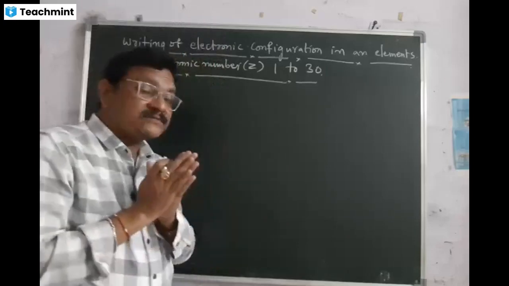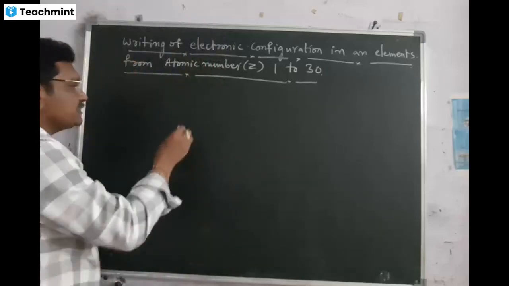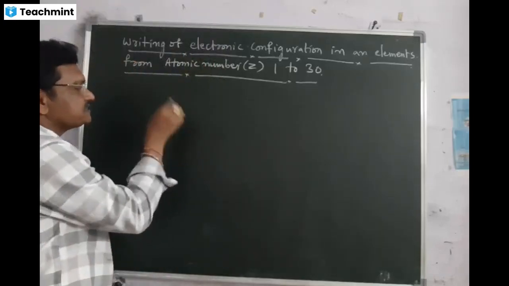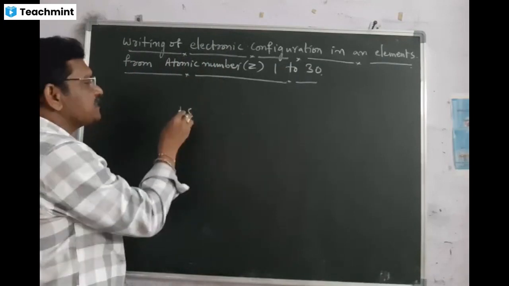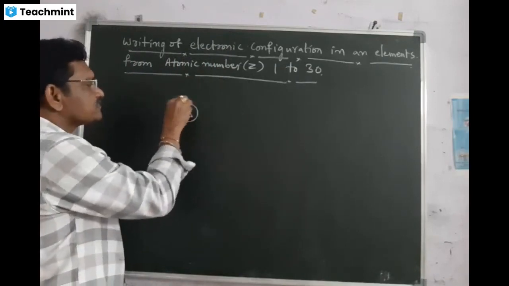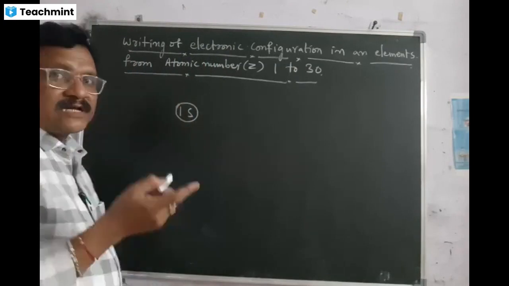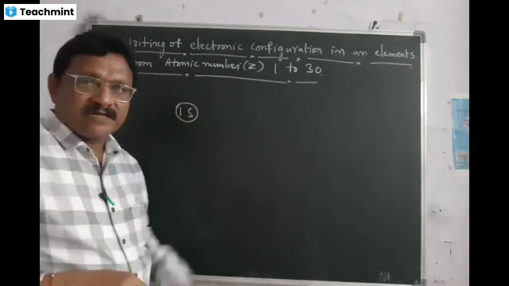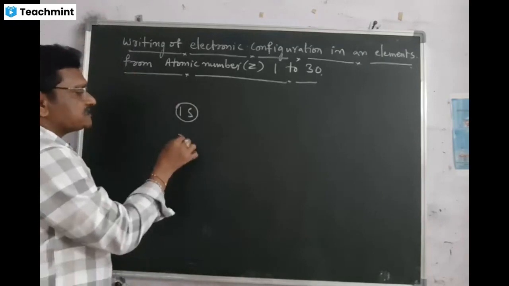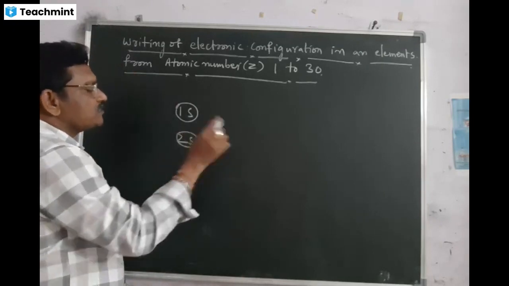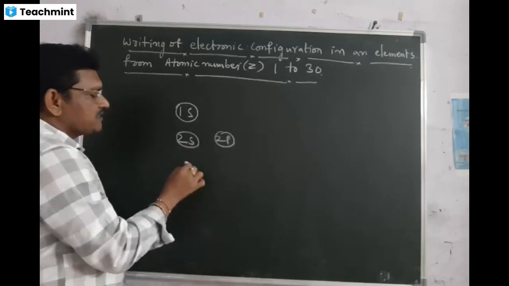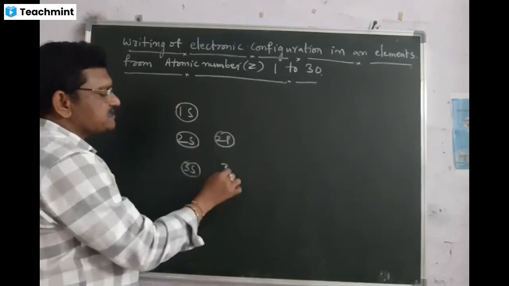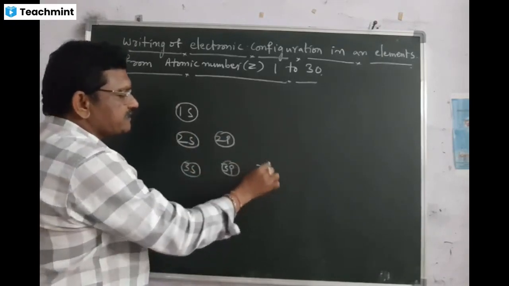So what does the Moeller diagram state? In atomic structure, the first cell contains the s subcell, and the s subcell contains only one s orbital. Then the second cell contains two subcells, 2s and 2p. Then the third cell contains 3s, 3p, 3d.